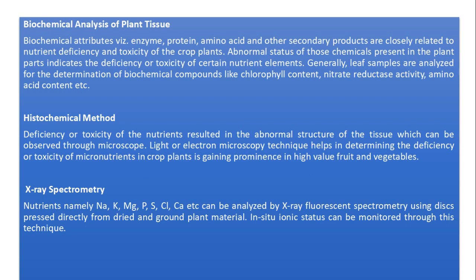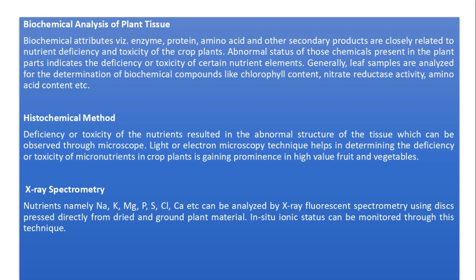This is the histochemical method. The deficiency or toxicity of the nutrients results in abnormal structure of the plant tissue, which can be observed through microscope, light or electron microscopy techniques. This helps in determining the deficiency or toxicity of micronutrients in crop plants, and is gaining prominence in high-value fruits and vegetables. Next, X-ray spectrophotometry.